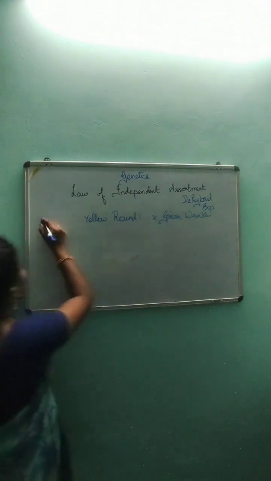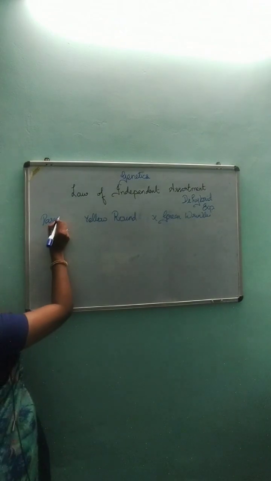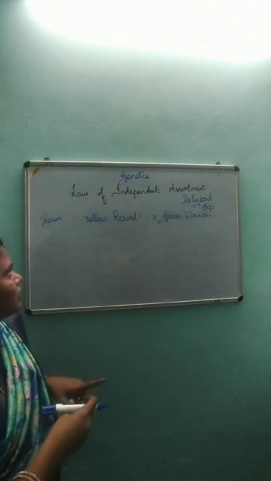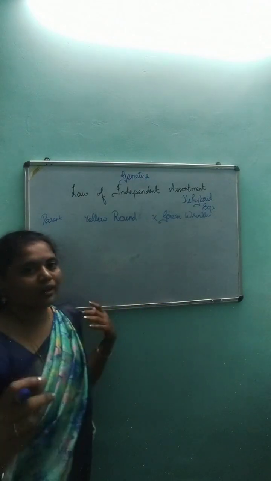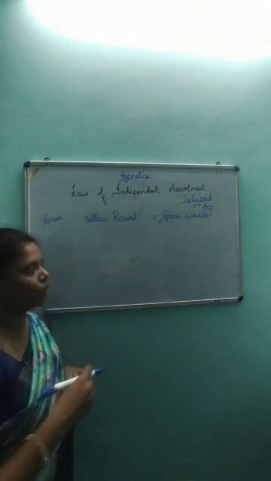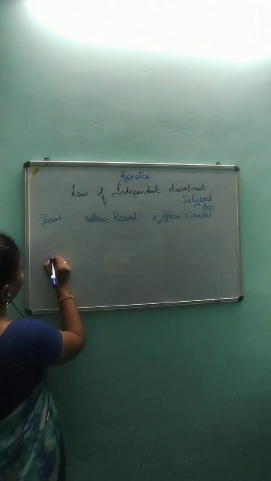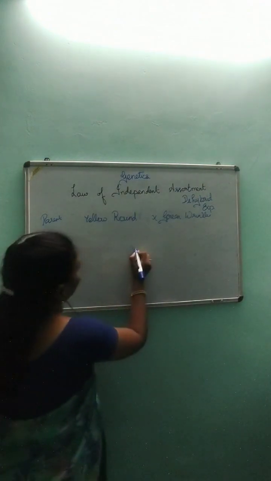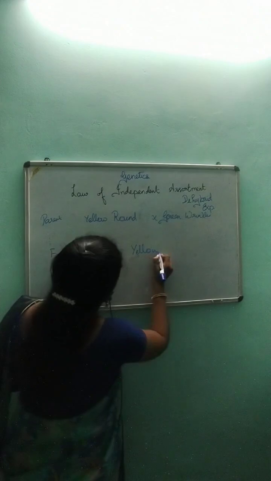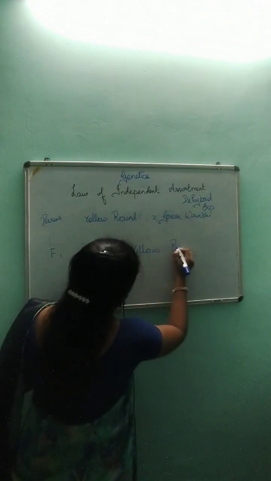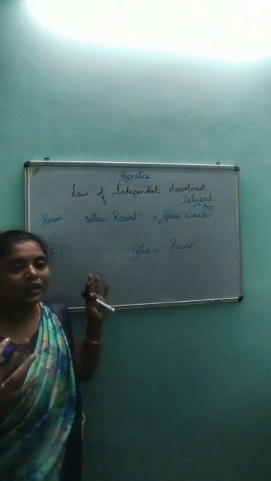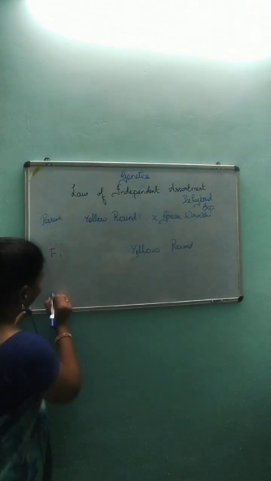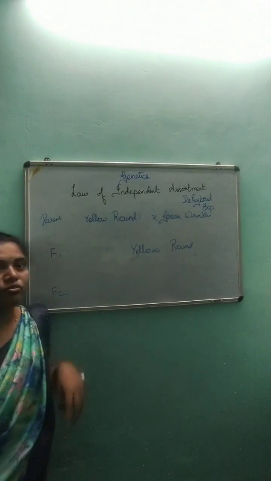These are the parents: a pure breed with the dominant characters and a pure, homozygous breed with the recessive characters. In the F1 generation all the plants were yellow round. Then he self-crossed the F1 generation, and in the F2 generation he received four different types of offspring.